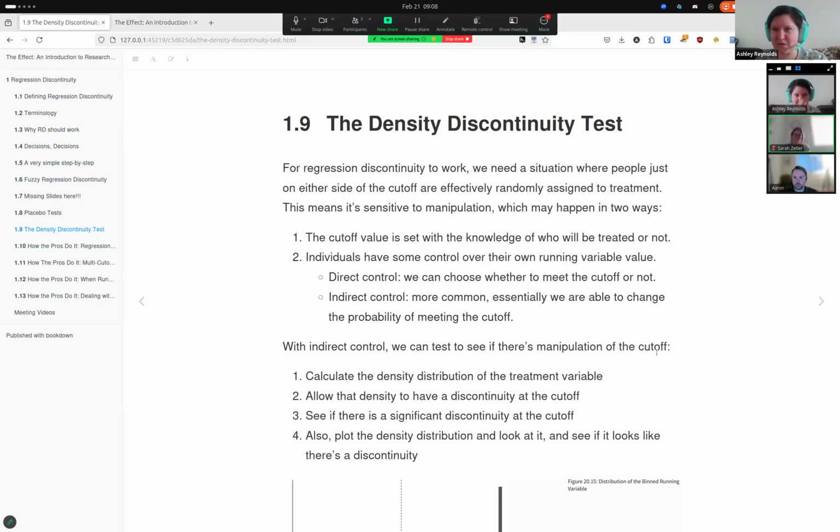Does that make sense as an explanation of indirect control to you guys as well? I mean, you could think of it like an IV, right? So you're taking their willingness to meet this cutoff, and that's still not going to perfectly predict what you're doing, but kind of gets in the direction.